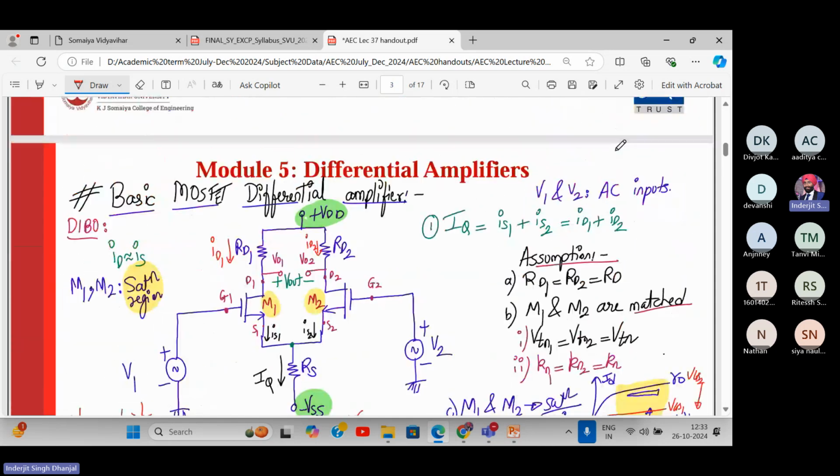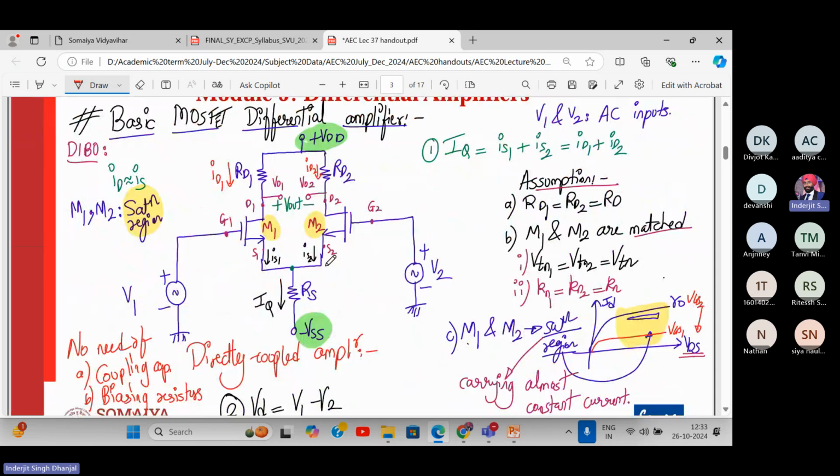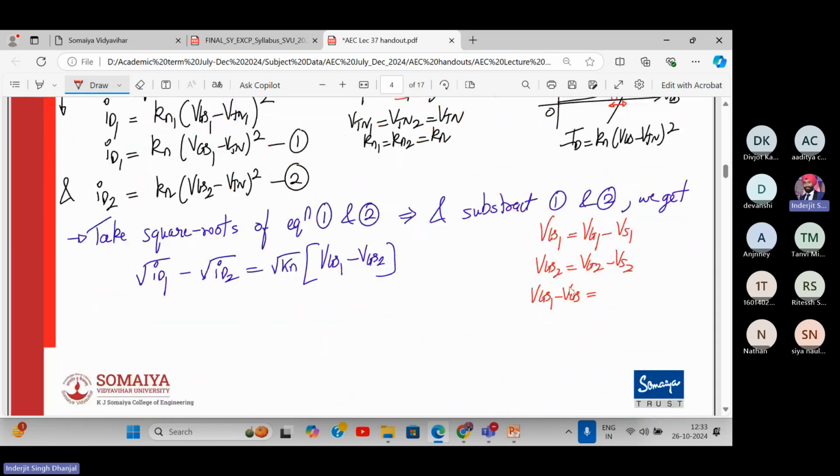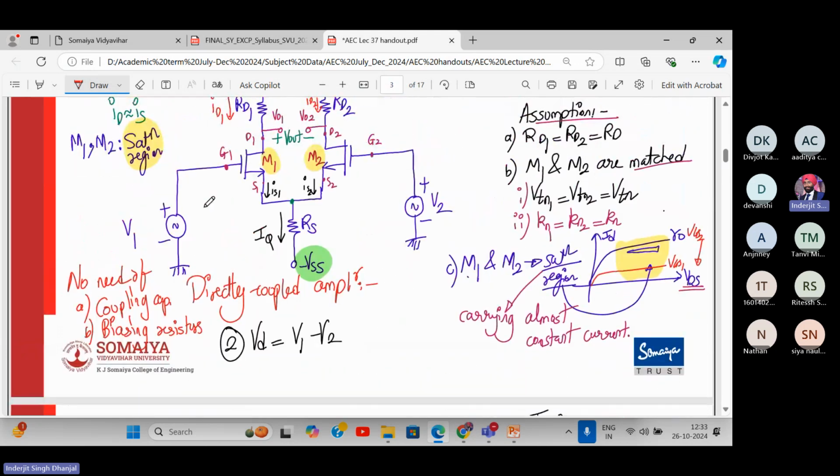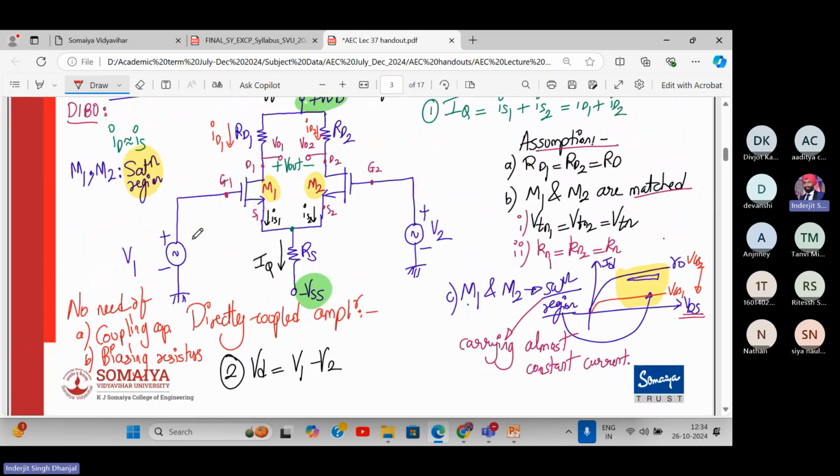Let's go back to the diagram. Here it is. This is VS1, this is VS2. They both are the same, right? So we can write VS1 and VS2 are same. So VGS1 minus VGS2 is equal to VG1 minus VG2. And what is VG1? Can anyone tell me? V1. And what is VG2? V2. Correct?